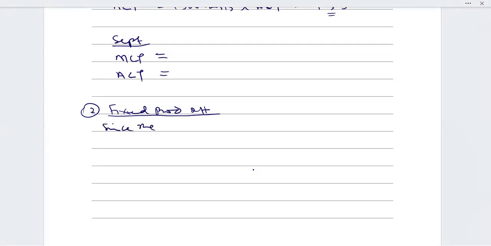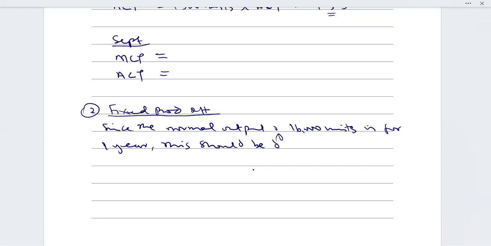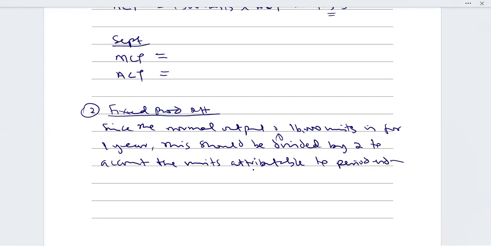Since the normal output of 16,000 units is for one year, this should be divided by 2 to account for the units attributable to period ending March and September, as shown below.